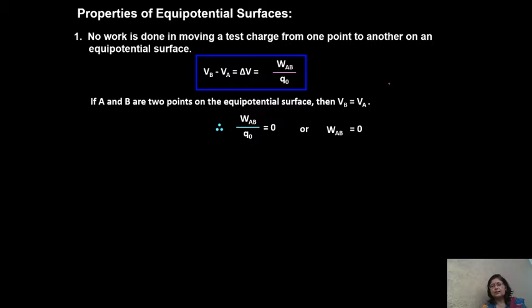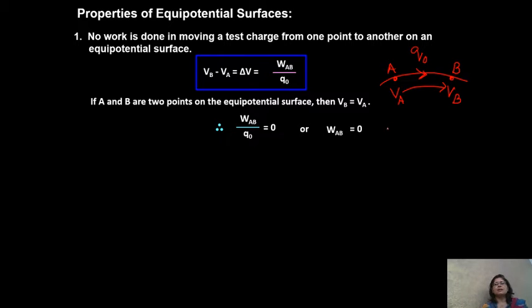You see here, suppose it is an equipotential surface, and you are taking 2 points on the equipotential surface. First is A and second is B, and suppose their potentials are VA and VB, and you are moving a test charge from A to B.